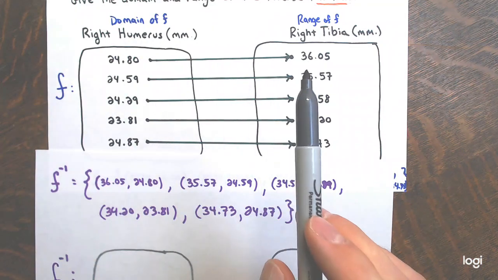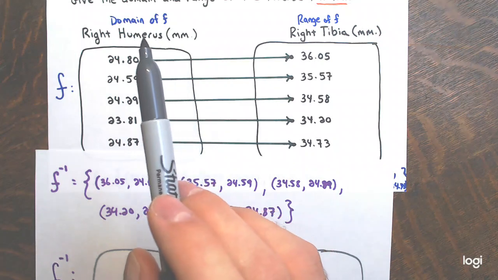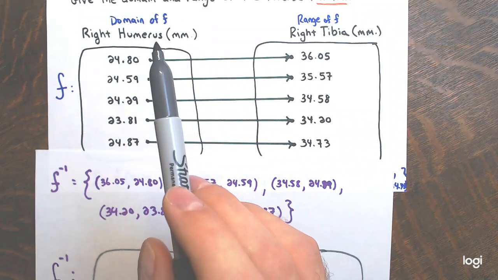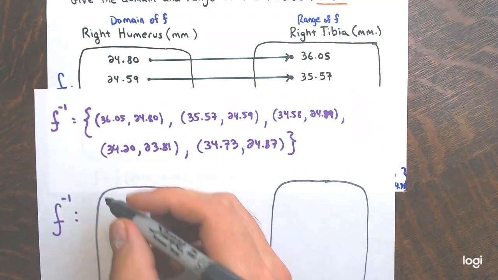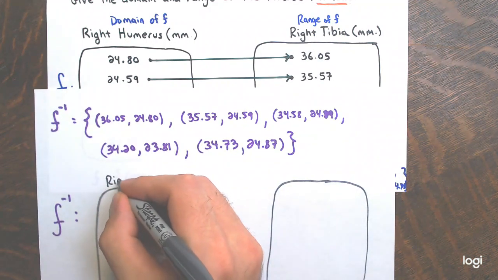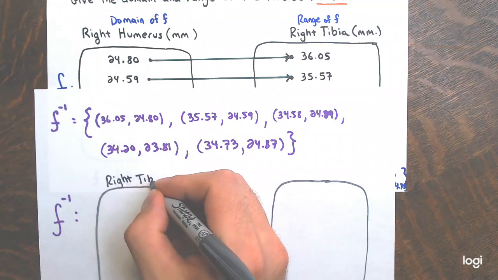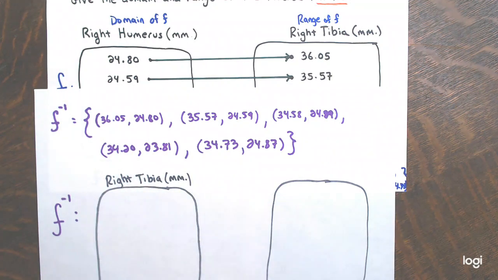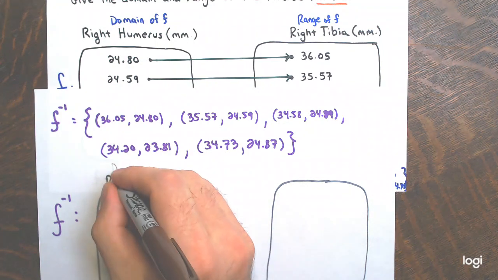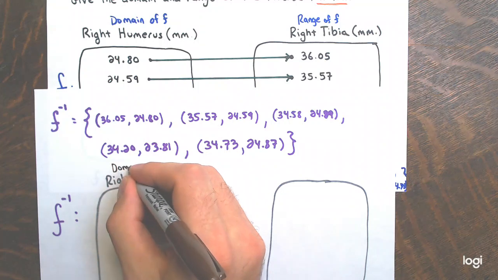I'm going to be switching these, so instead of the domain being the right humerus lengths, it'll be these right tibia lengths in millimeters. So the domain of F inverse is these right tibia lengths.